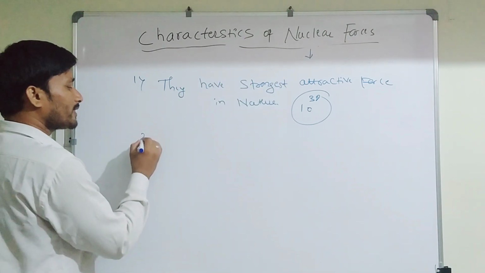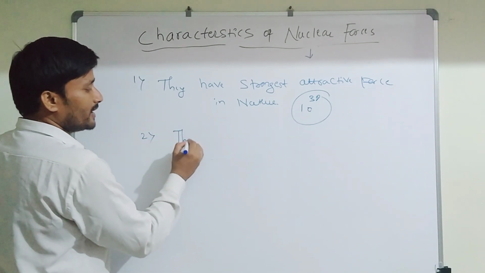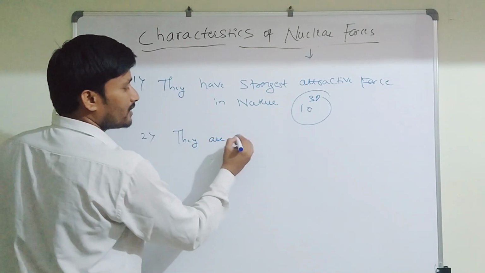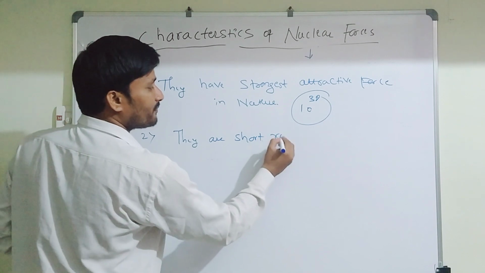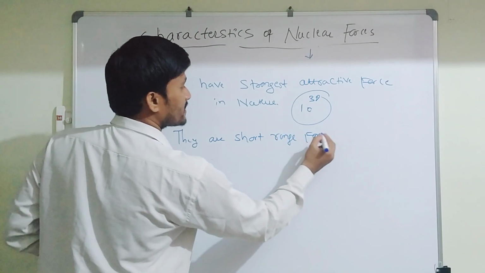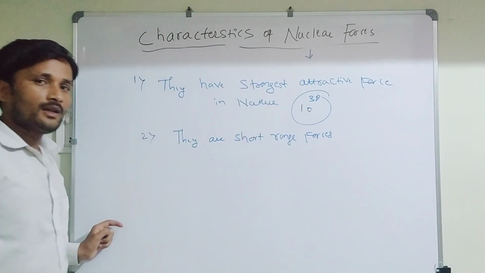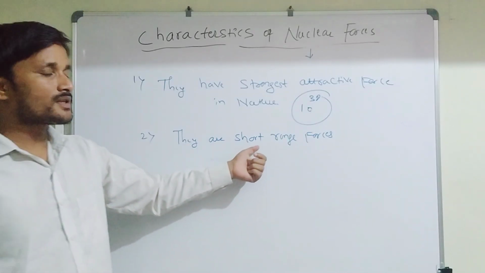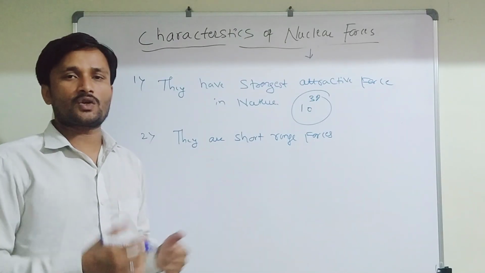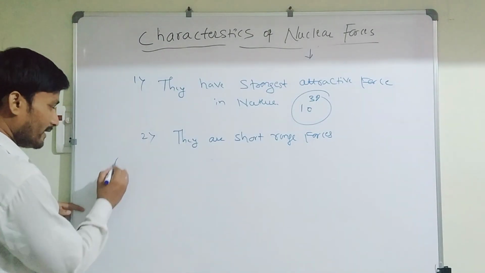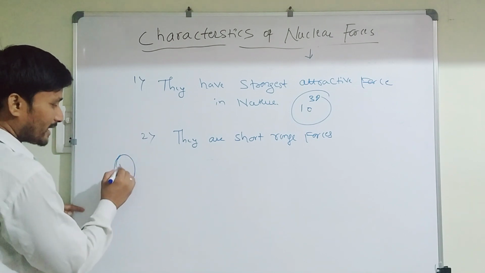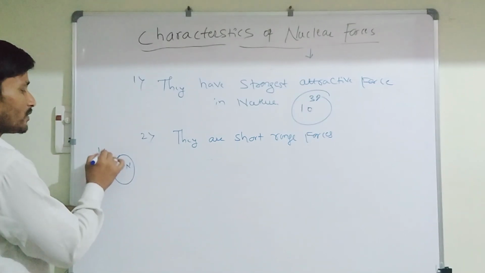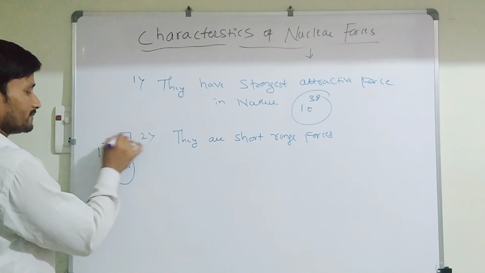And the second important point is they are short range forces. The range of this nuclear force is very short, because this force acts inside the nucleus only, around 10 to the power of minus 15 meter.